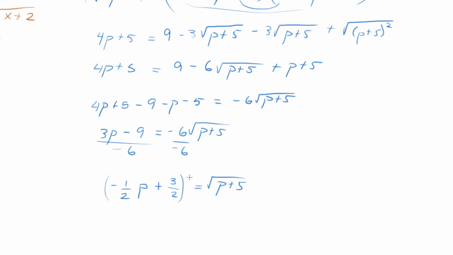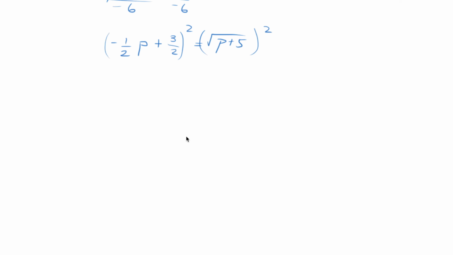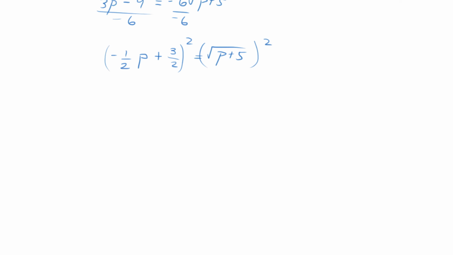Again, from here we square. Oops. So it's just better to rewrite it. So I'm going to rewrite it here as negative 1/2 p plus 3/2. Okay. Don't be afraid of the fractions. So negative 1/2 p times negative 1/2 p is positive 1/4 p squared.